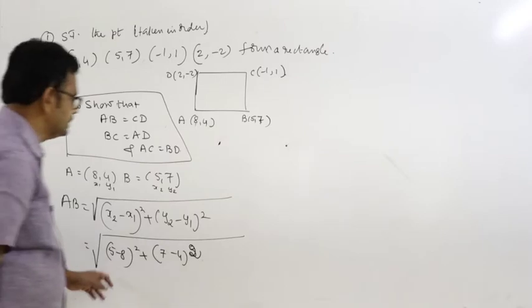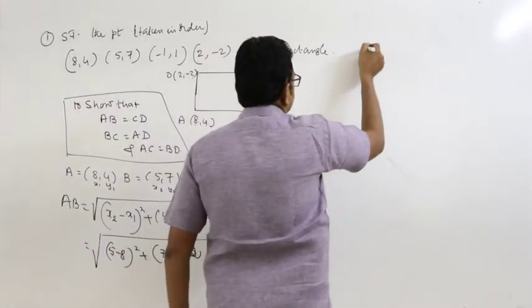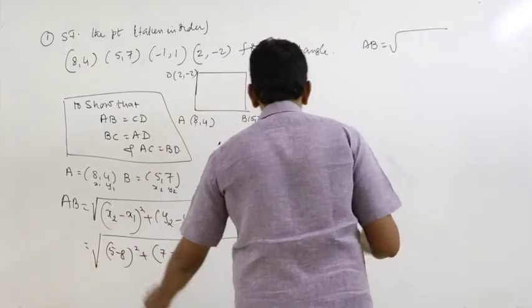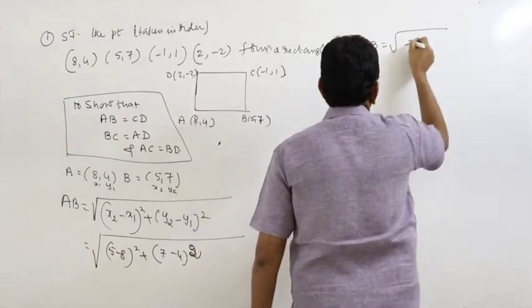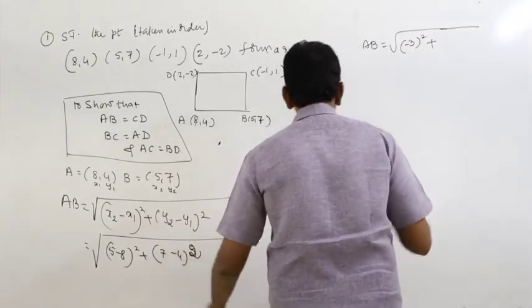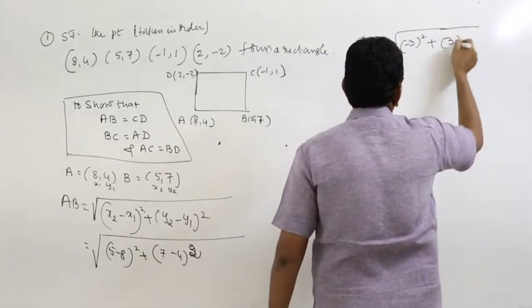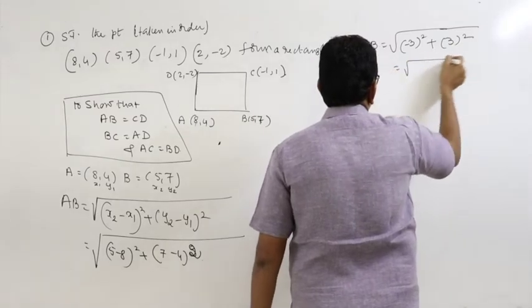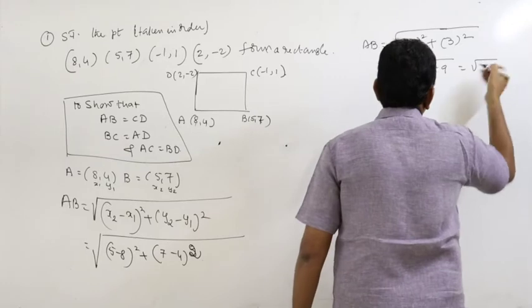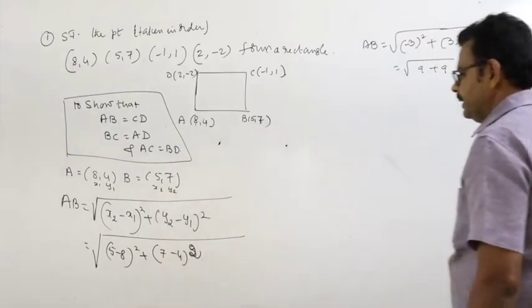So this is (5 − 8) whole square plus (7 − 4) whole square, which is root of (−3) whole square plus 3 square. So this is equal to root of 9 plus 9, root of 18.